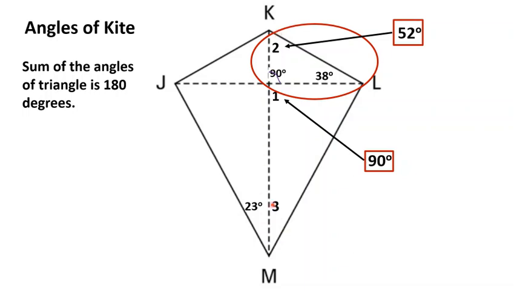Since KM bisects this angle JML, we can conclude that angle JMK is congruent to LMK, this angle. So if JMK is 23 degrees, then angle 3 here is also 23 degrees.